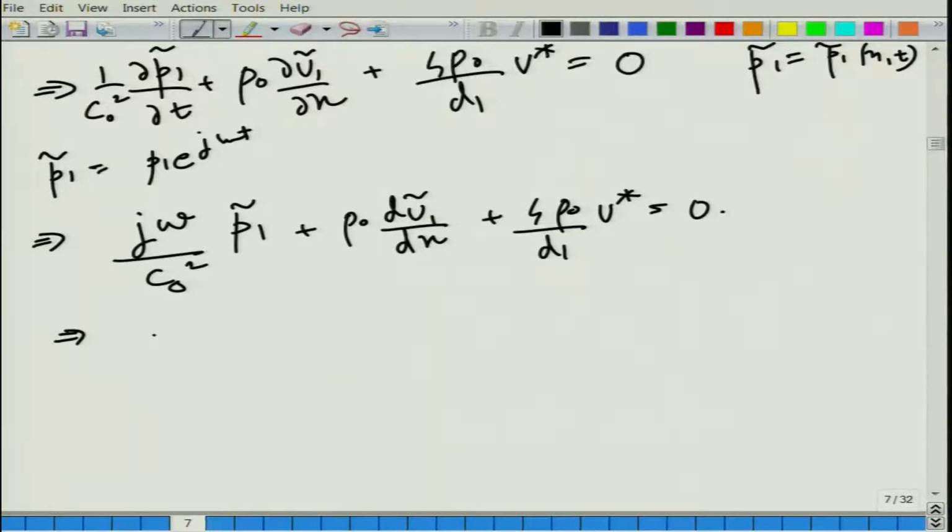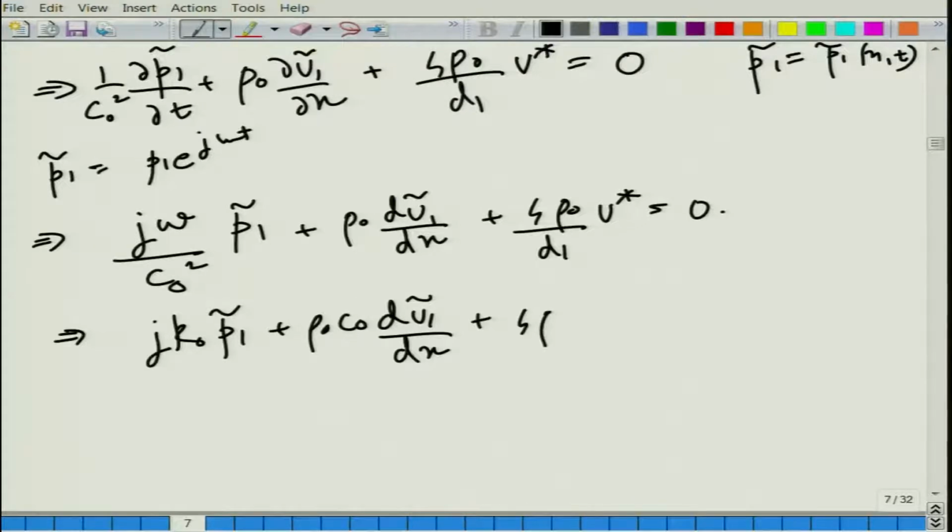So, this becomes j k naught P 1 tilde plus rho naught C naught, and this will become 4 rho naught C naught times d 1 and u star is equal to 0.